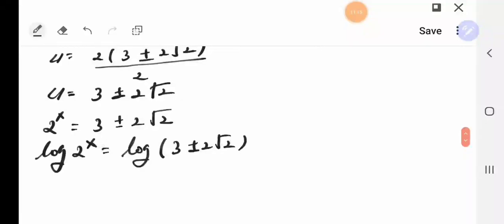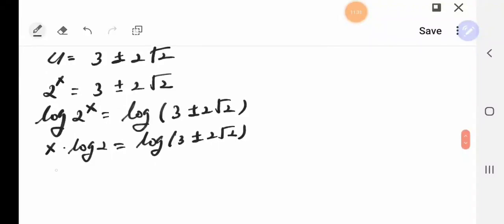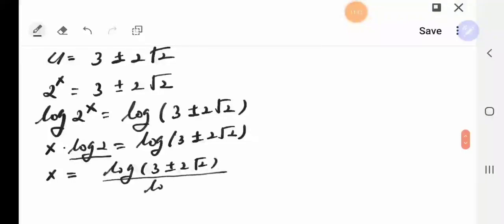Then this exponent x can move to the front, and the right side is unchanged. Then divide the equation by logarithm of 2. So x equals log of 3 plus or minus 2 square root of 2 divided by logarithm of 2.